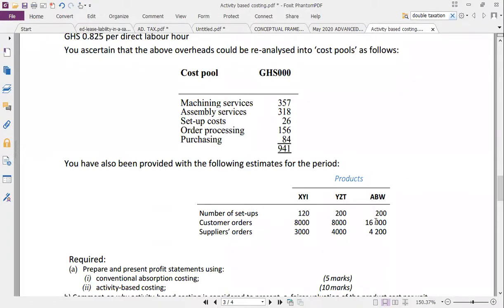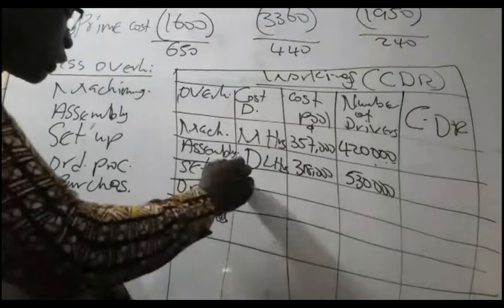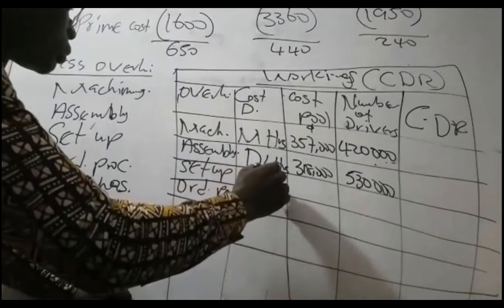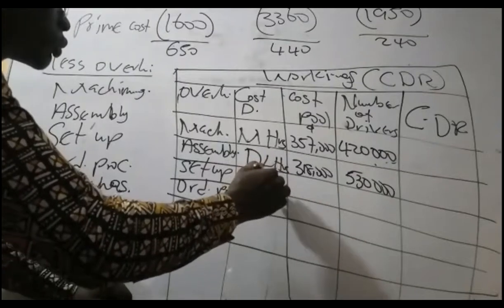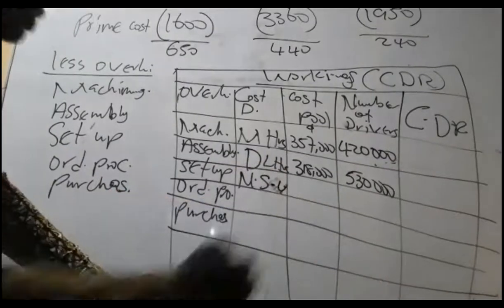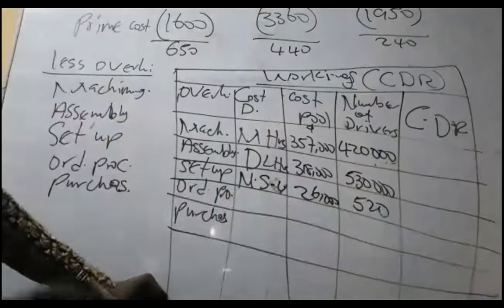So 120 plus 200 plus 200, that's 520. So here will be number of setups. Here is 26,000 and here is 520.